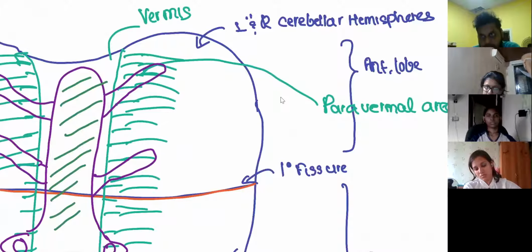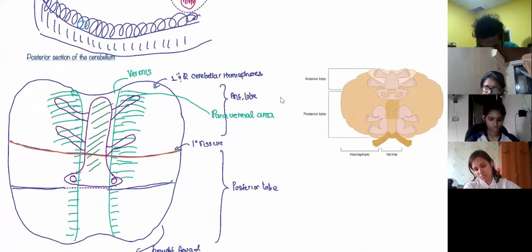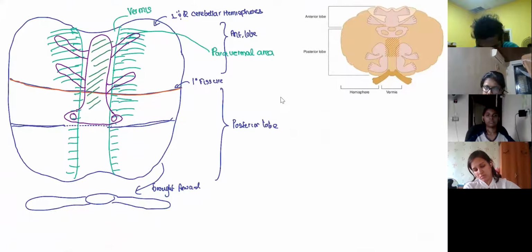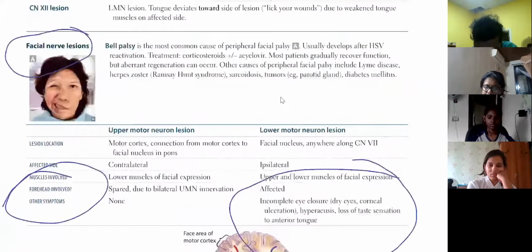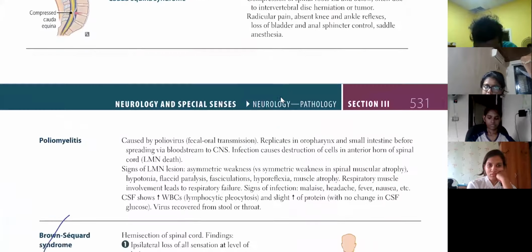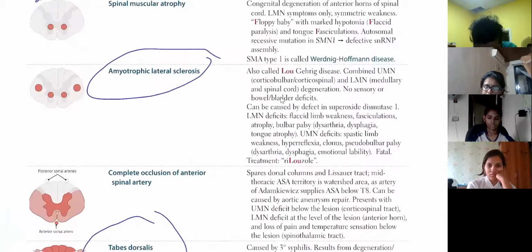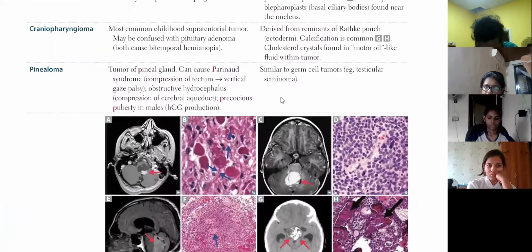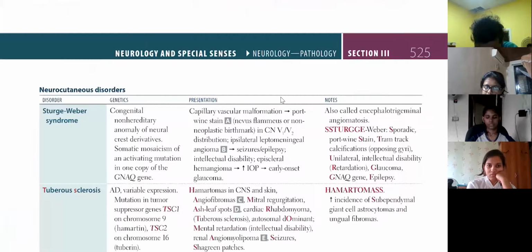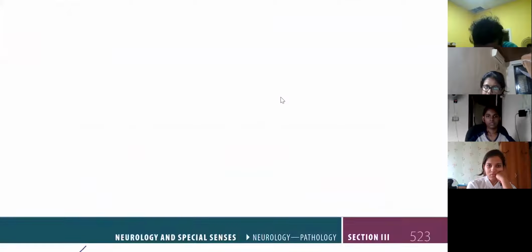So when you're walking, you will have an unsteady gait, a weird shuffling gait. Do you guys understand this? If you plan to do USMLE, that is all you need to know to attempt cases.